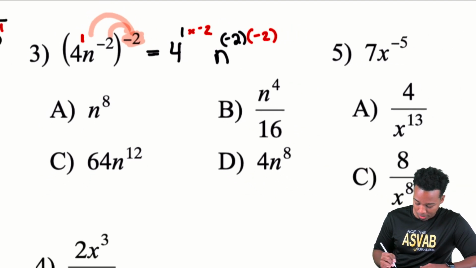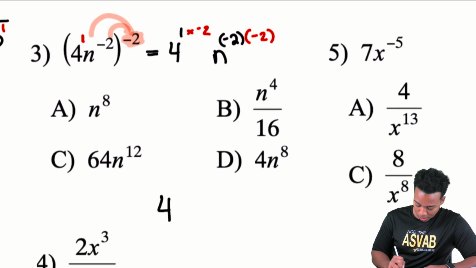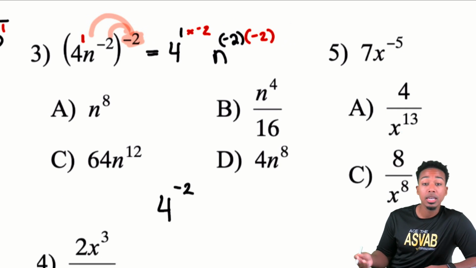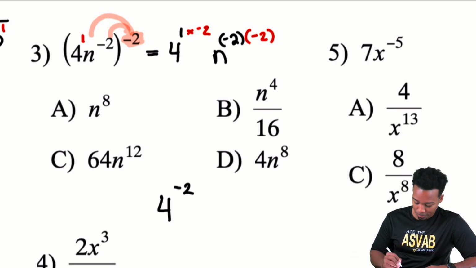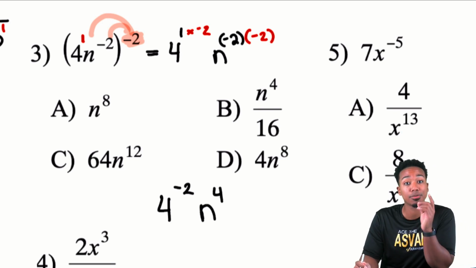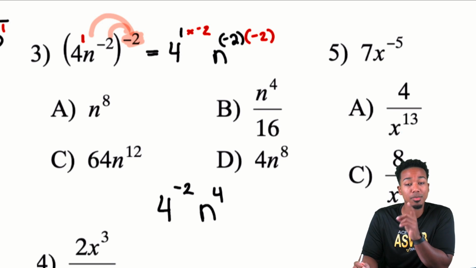That'll end up being 4 to the power of negative 2. n to the power of negative 2 times negative 2: a negative times a negative is a positive, and 2 times 2 is 4. So right now what we have is 4 to the power of negative 2 times n to the power of 4. Now we're not quite done yet.